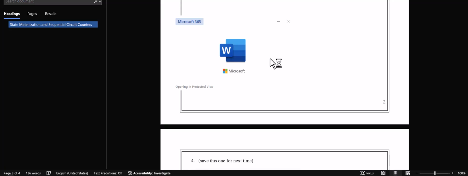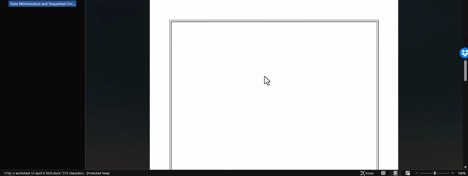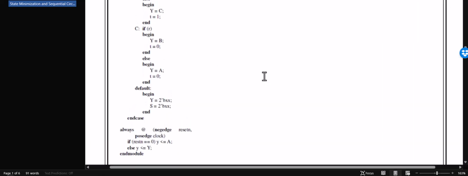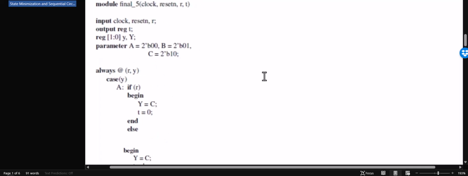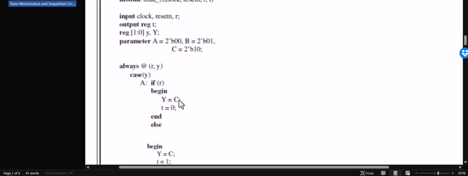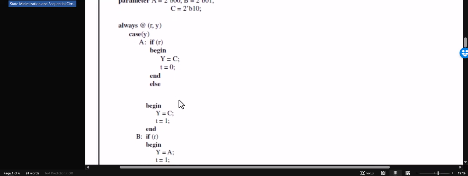Output doesn't deal with the current. Okay, so if we look at this one, the output is T. And if you look at the code I have here, T depends on the input.